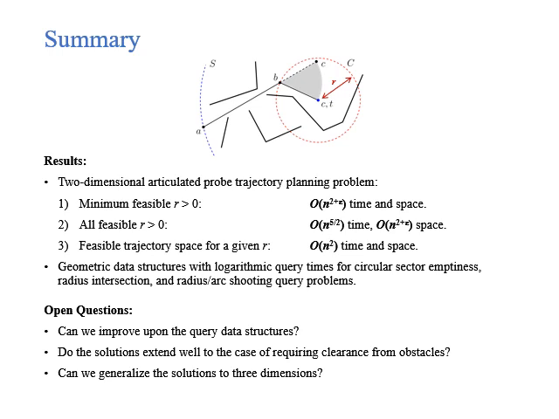In the process of deriving the algorithms, we solved a few interesting geometric query problems by designing efficient query data structures based on lower envelopes and half-space decomposition schemes. For the third problem, we show that we can compute the feasible trajectory space for a given value of r in quadratic time. Some open questions remain.